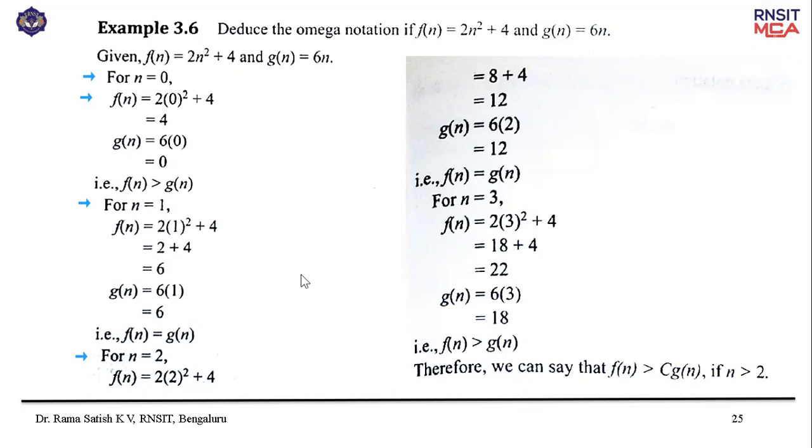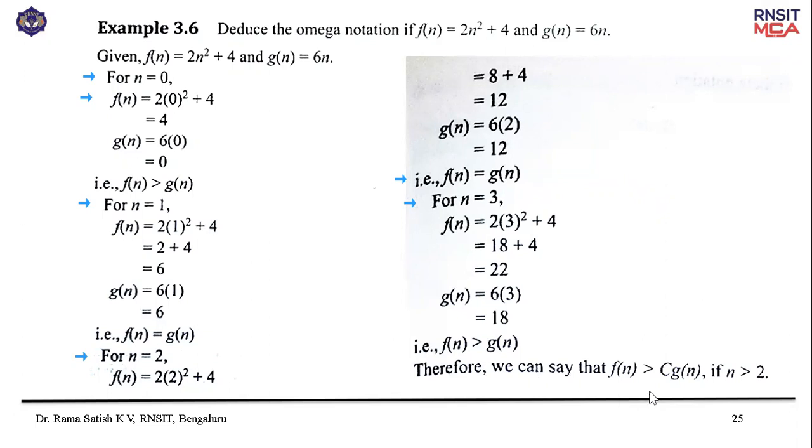So in this case also both are equal. Now you take n is equal to 3. f of n is 22 and g of n is 18. So in this case, f of n is greater than g of n, so obviously this will be considered.